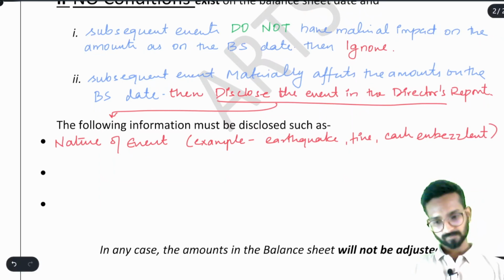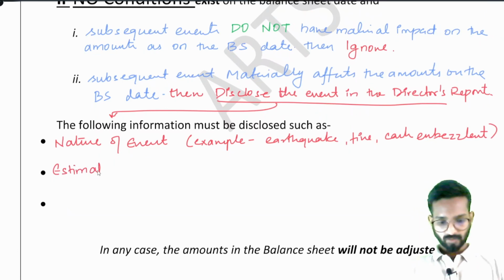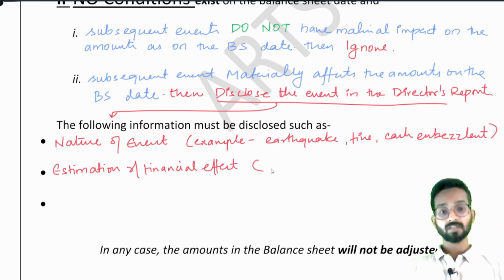After that, estimation of financial impact, or you can say financial effect. It means you have to calculate how that event is affecting our financial statements. Understood? How much money has been stolen or how much loss we have.